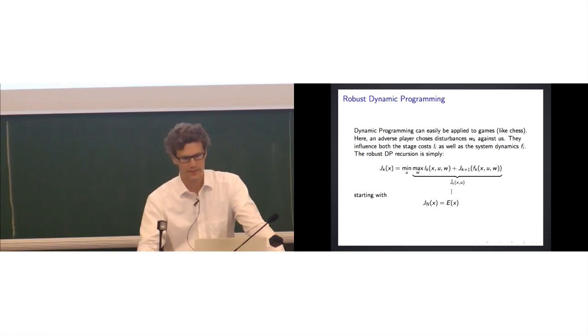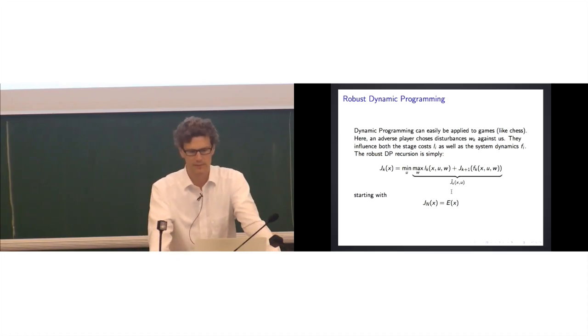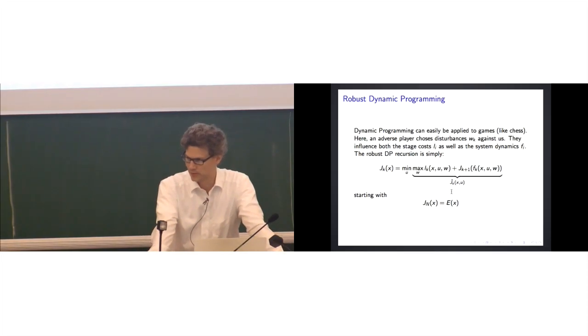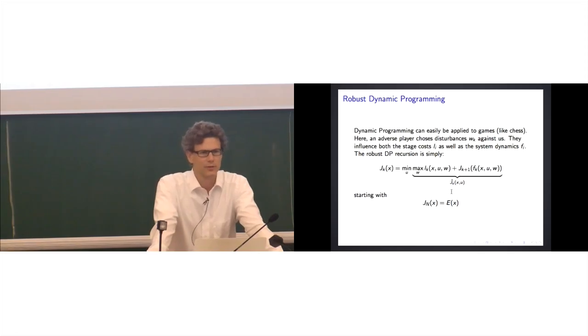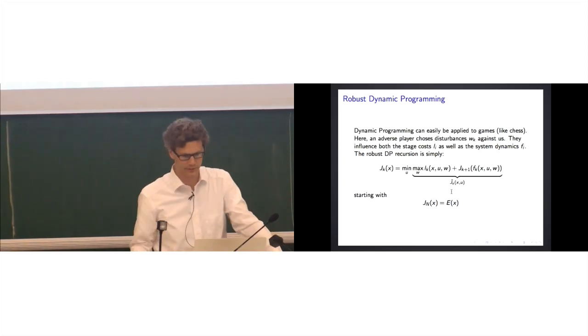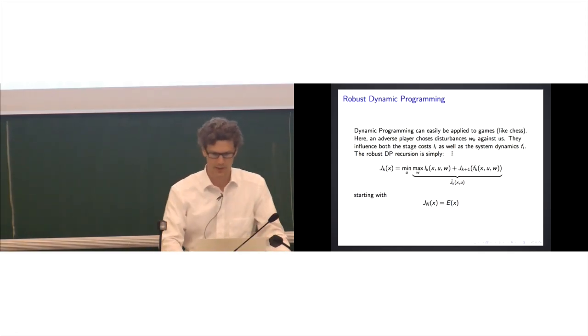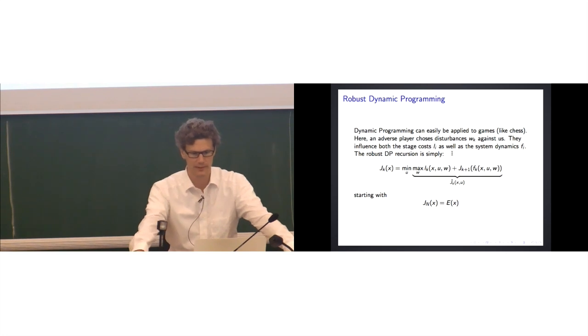And this choice might influence the stage cost for the next stage, but also, and this is most important, the system dynamics. I put index i at everything here in order to express that this isn't restricted to autonomous systems.